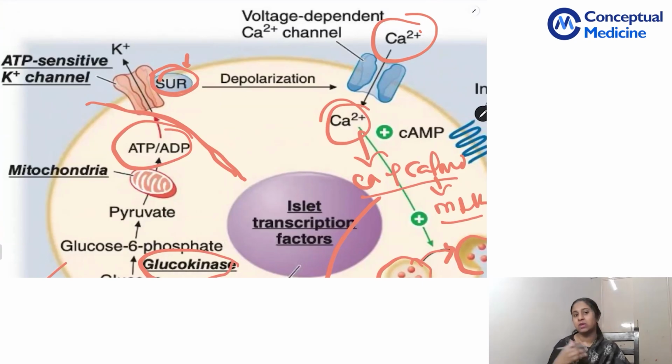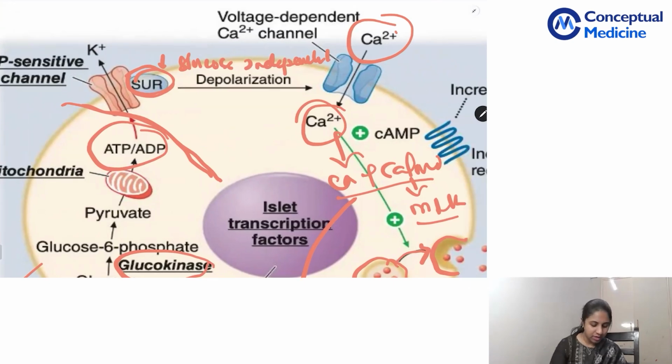We give glimepiride, we give glipizide, you give glibenclamide, whatever it is, it's going to activate the sulfonylurea receptor. And this activation is going to close the ATP sensitive potassium channel, and directly it will increase the insulin secretion. But remember, this process is glucose independent, and that's the reason why you end up with hypoglycemia when you give sulfonylureas.